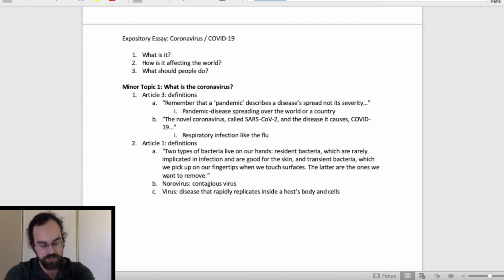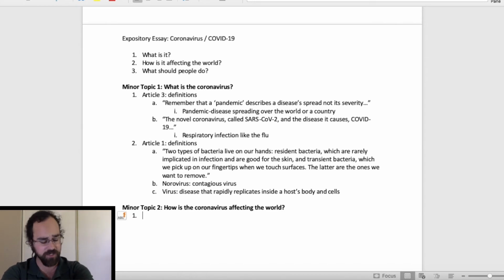All right, so I'm going to move on to my minor topic 2, which was how is the coronavirus affecting the world? First off, in Article 2, they talk a lot about how it's affecting education.